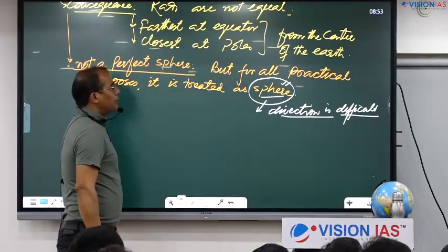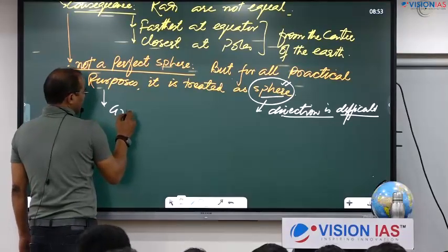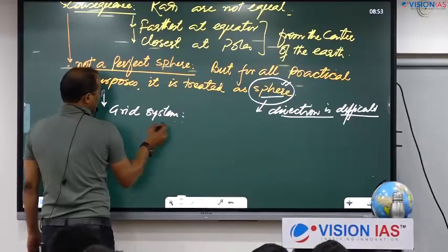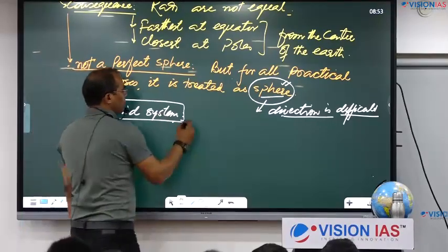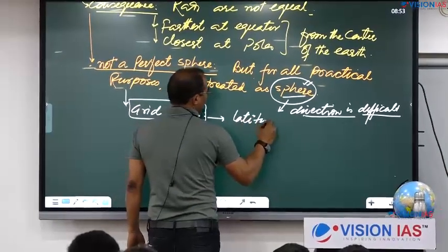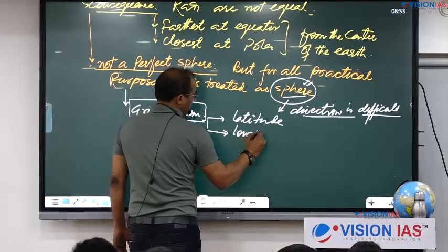For that, the geographers established what we call the grid system. Our GPS works with this grid system, with two lines, latitude and longitude.